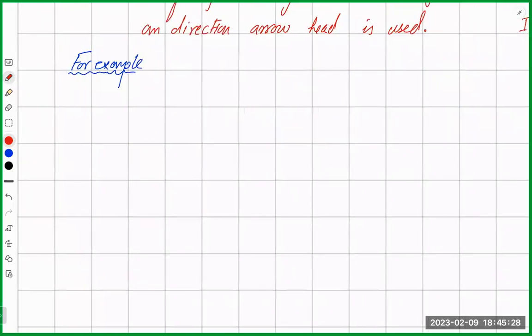Let's see. Example is number one, velocity of 18 meter per second towards north.